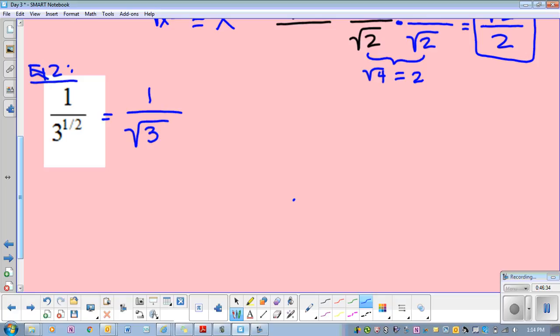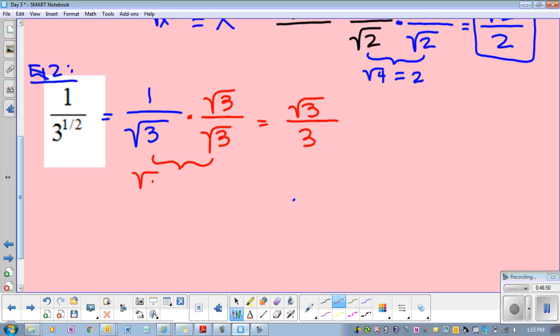Thank you guys. See everyone writing? Good. Square root of 3 over square root of 3, which gives me square root of 3 over what? 3. Because this is square root of 9, which gives me 3. Does it feel a little bit better? It makes sense?